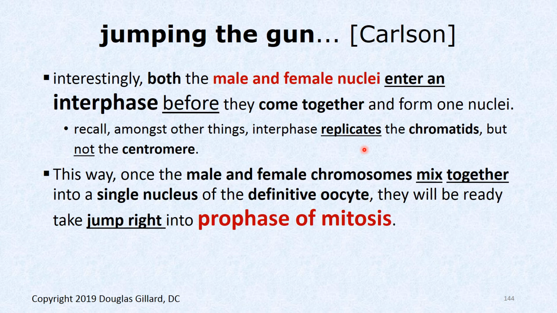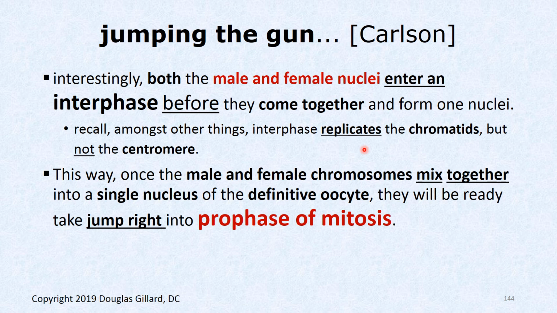They're done. But for whatever reason, they start replicating their genetic material again by themselves. They're not bound together yet. They're separated, which is almost like they're starting a meiosis 3, I guess, because they're 1N.